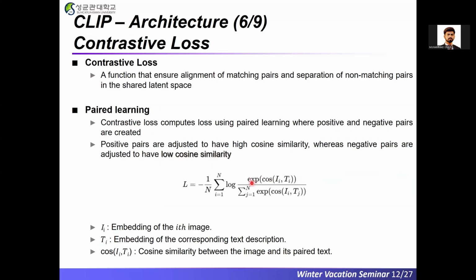Here this numerator factor is basically the cosine similarity between the image and its paired text for a positive pair. Whereas, as you can see here, the summation from 1 to n is basically for all the remaining embeddings, it is the cosine similarity. So in the numerator, we have the cosine similarity for only the diagonal pairs, right? As we have discussed here.